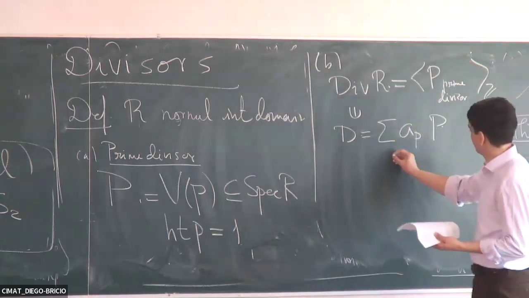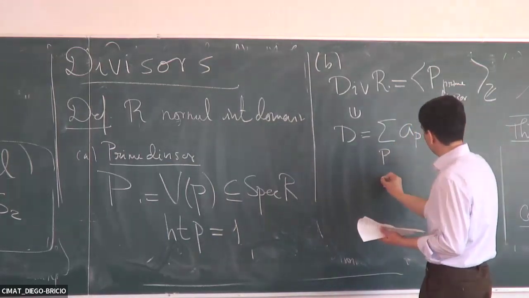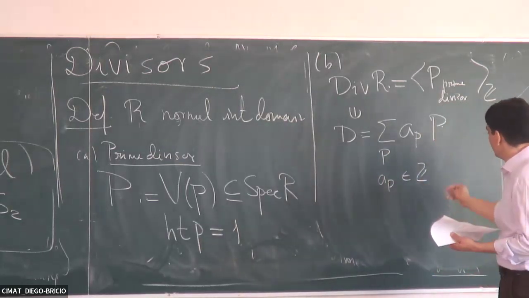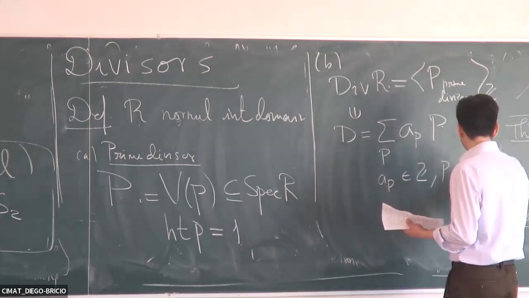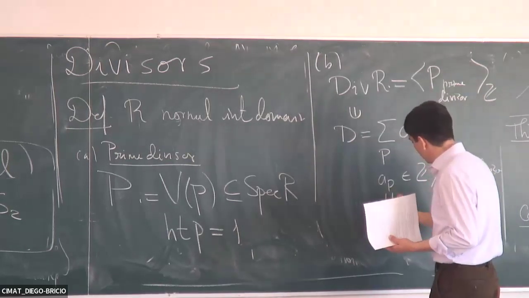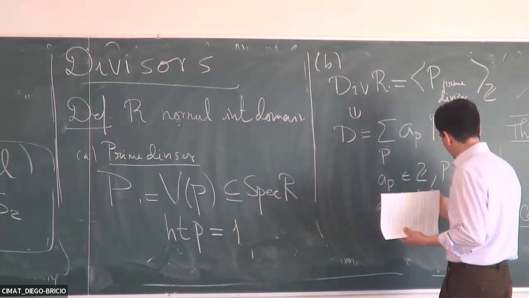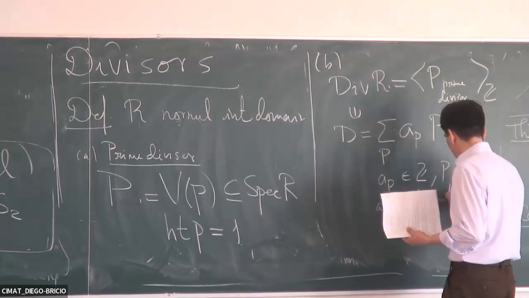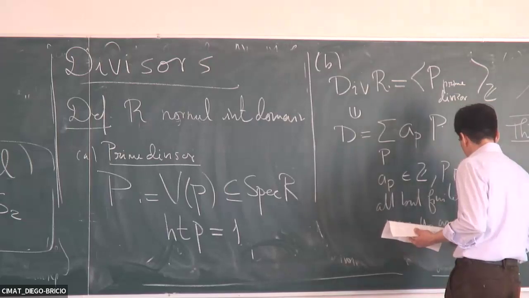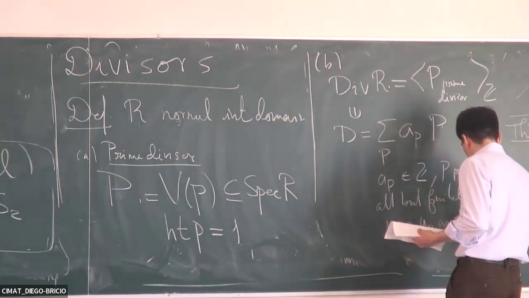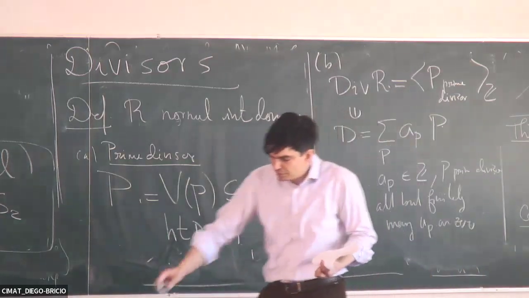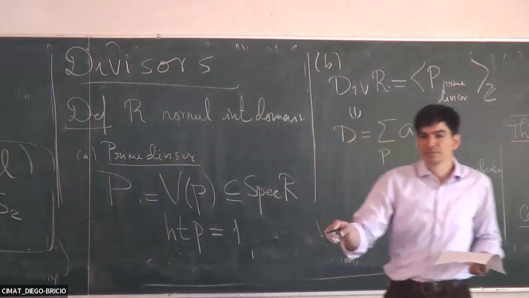It's a formal sum over P of a_P times P, such that a_P is an integer, and P is a prime divisor, and all but finitely many a_P are 0. By definition of free abelian group generated by a set.